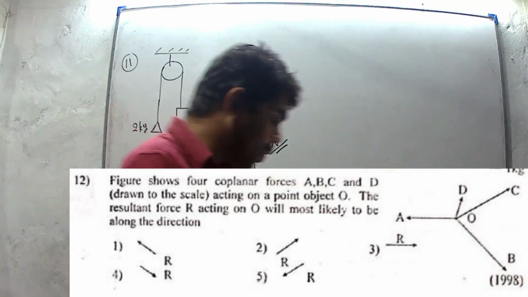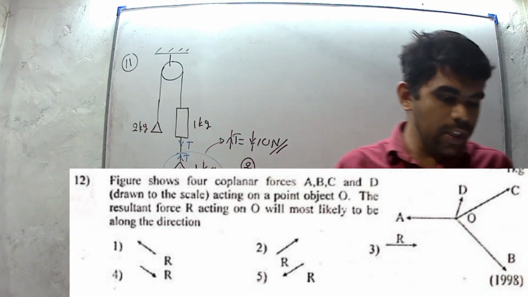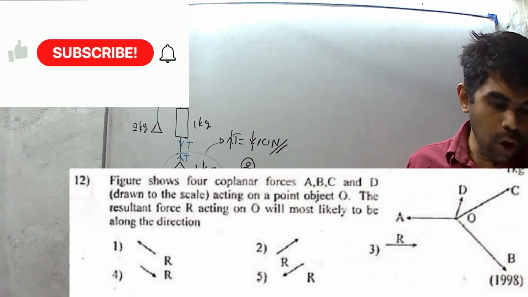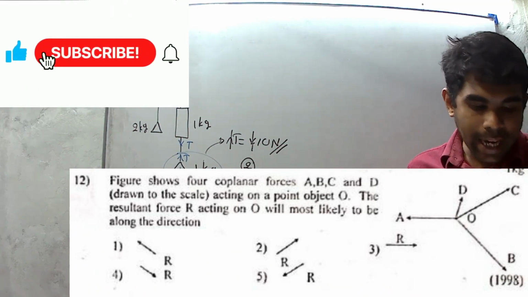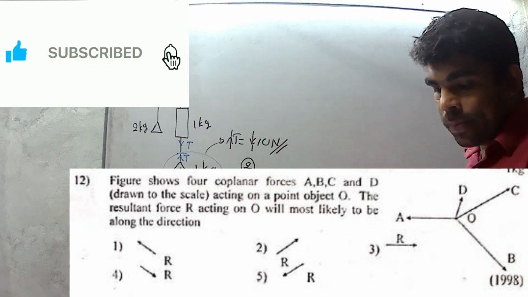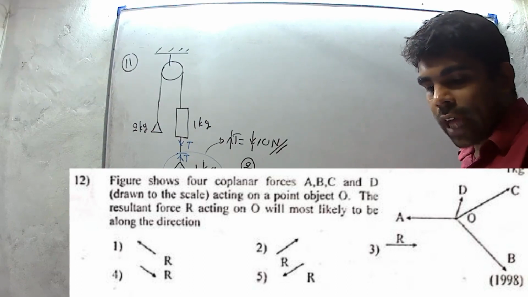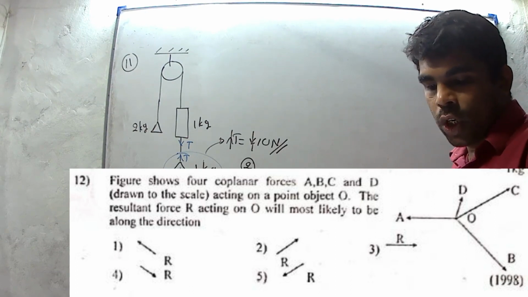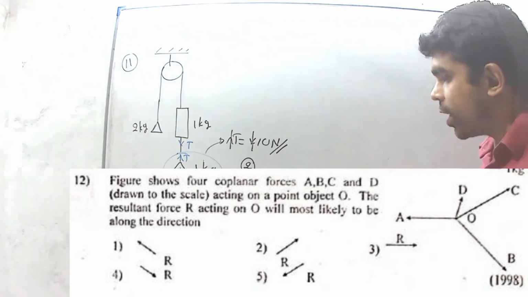Then question number 12. The figure shows 4 coplanar forces A, B, C and D drawn to scale acting on a point object O. The resultant force R acting on O will most likely be along the direction?